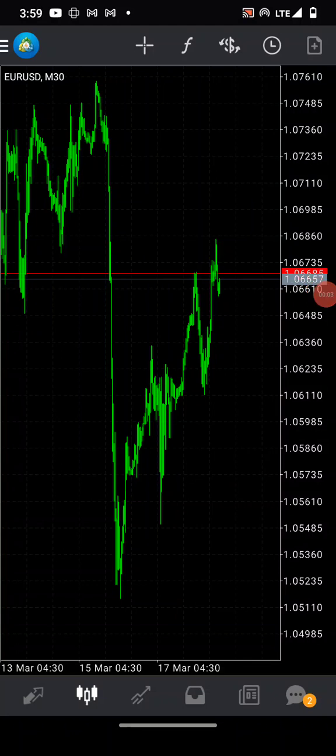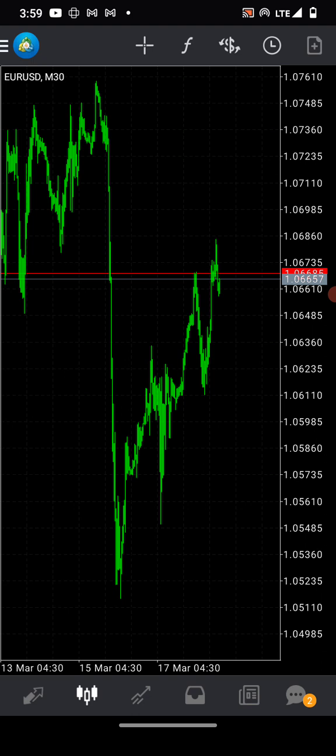Let me see if I can explain leverage to you. I trade what I believe is a 50 to 1 live regulated account, meaning it's a regulated brokerage.